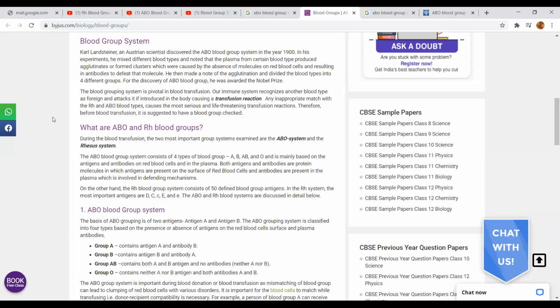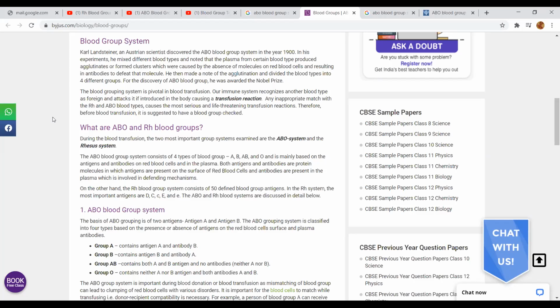The blood grouping system was first discovered by an Austrian scientist named Karl Landsteiner in the year 1900. The blood group system that he discovered was the ABO blood group system. He had performed an experiment long back. He mixed different blood types, and found that the plasma from certain blood types produced agglutinates or formed clusters, which were caused by the absence of molecules on red blood cells, resulting in antibodies to defeat that molecule.